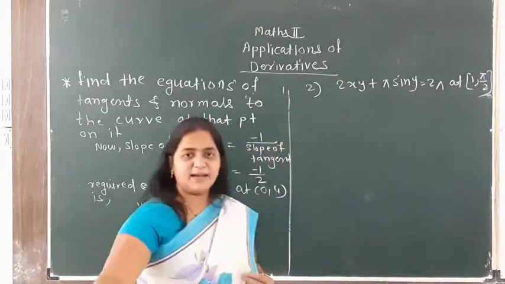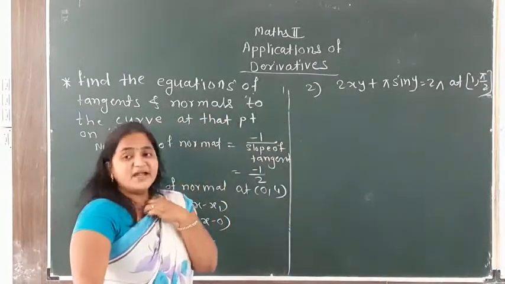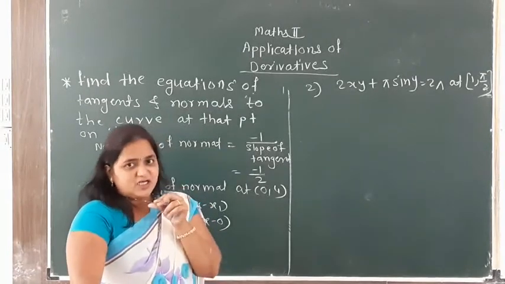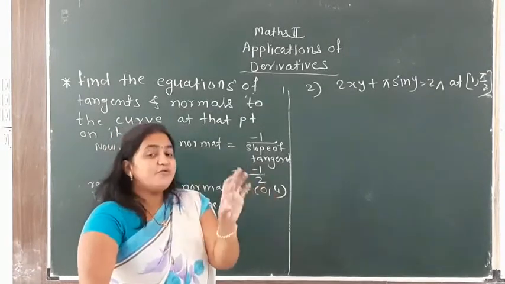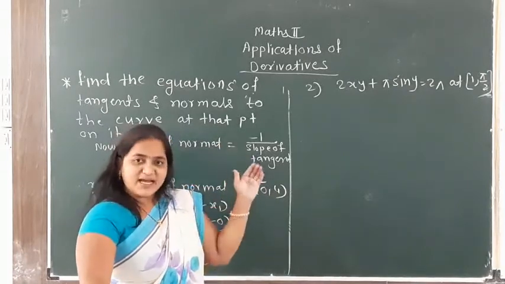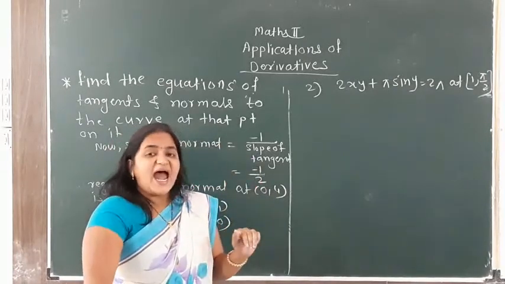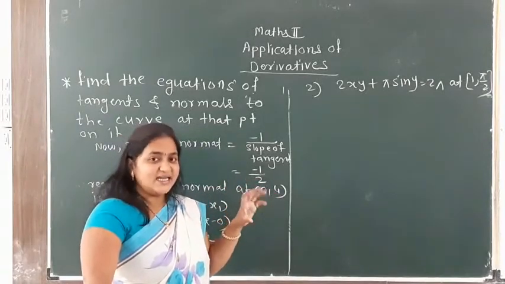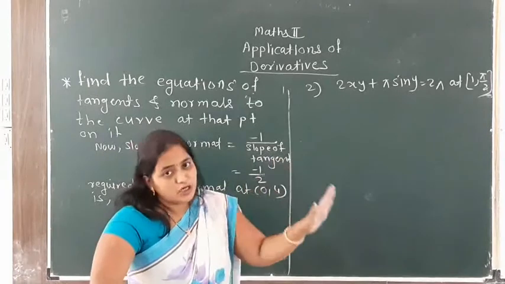Now the given example is in the form of an implicit function, because x and y are together. So straightforward, we can differentiate with respect to x, keeping only dy/dx on the LHS and all other terms going to the RHS.